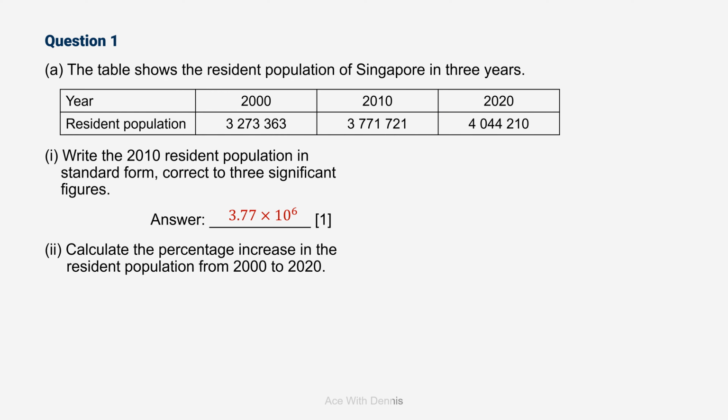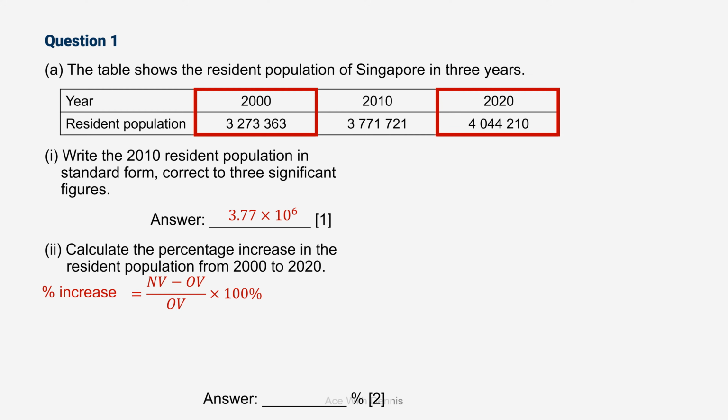2. Calculate the percentage increase in the resident population from 2000 to 2020. 2 marks. So these two data is the resident population in the year 2000 and the year 2020. To calculate the percentage increase, the formula will be the new value minus the original value divided by the original value times 100%.